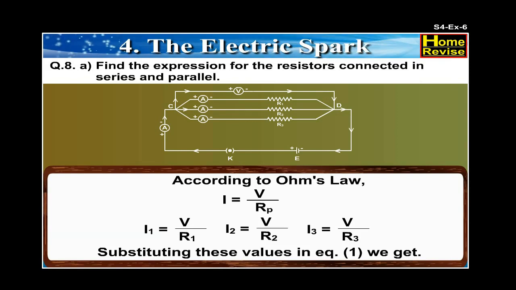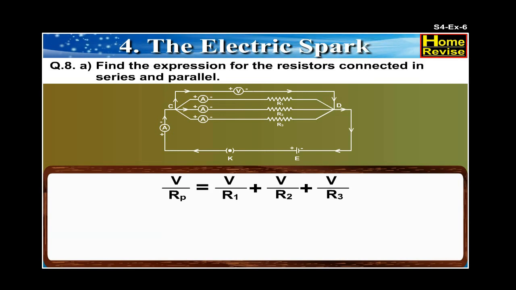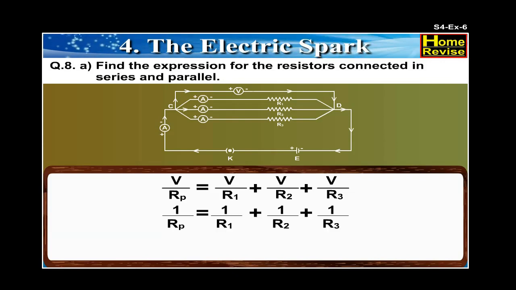Substituting these values in equation first, we get V upon Rp is equal to V upon R1 plus V upon R2 plus V upon R3. Therefore, 1 upon Rp is equal to 1 upon R1 plus 1 upon R2 plus 1 upon R3.